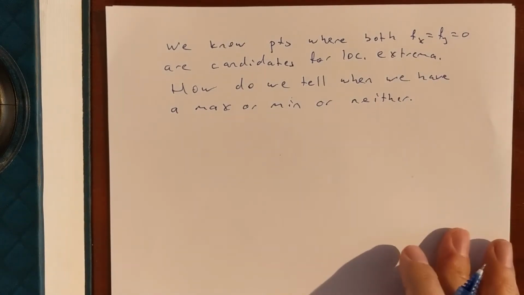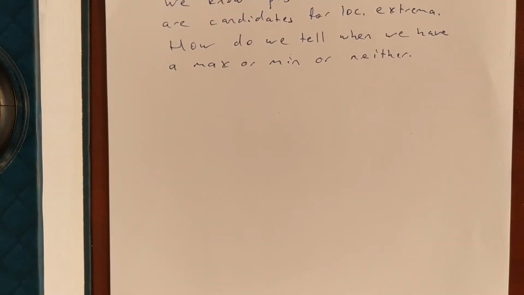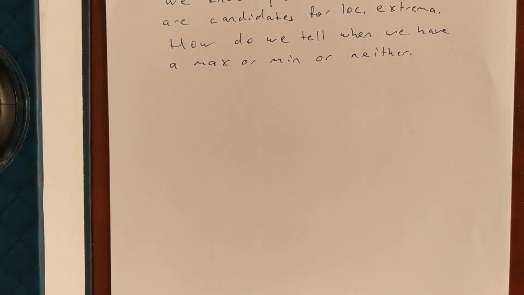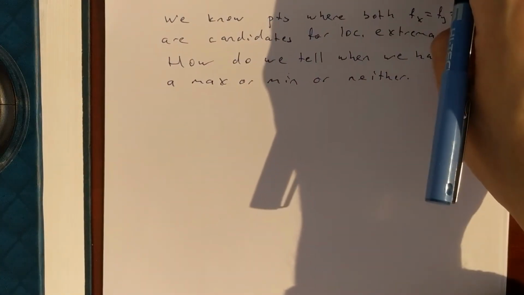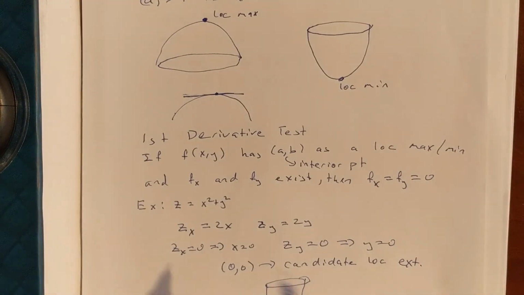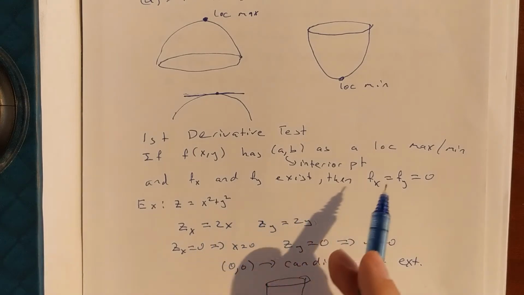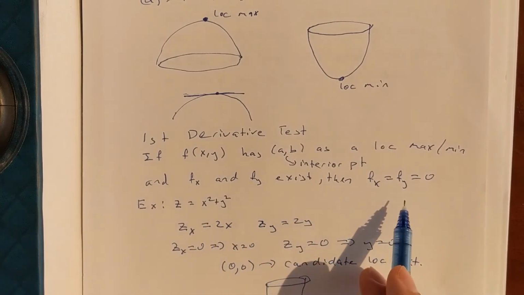All right, so let's talk about our candidate points. Where could the points be where you have a local maximum? Well, the theorem we just said is not an if and only if. It said if the first derivatives exist at the local maximum or minimum, at the local extrema, they have to be 0.